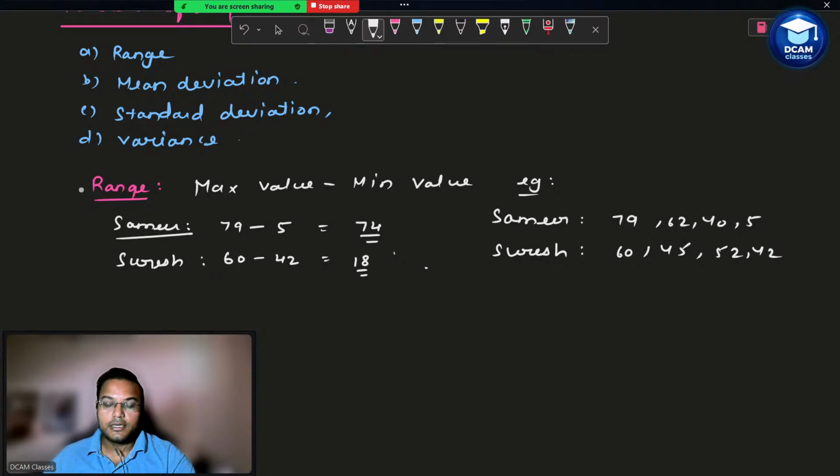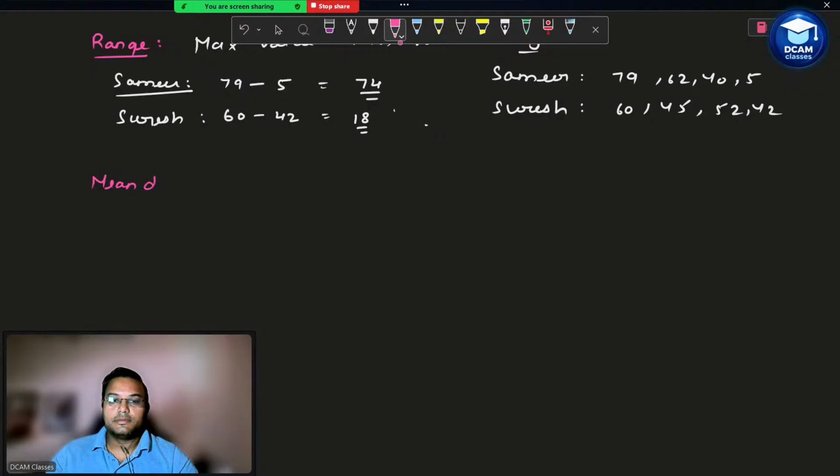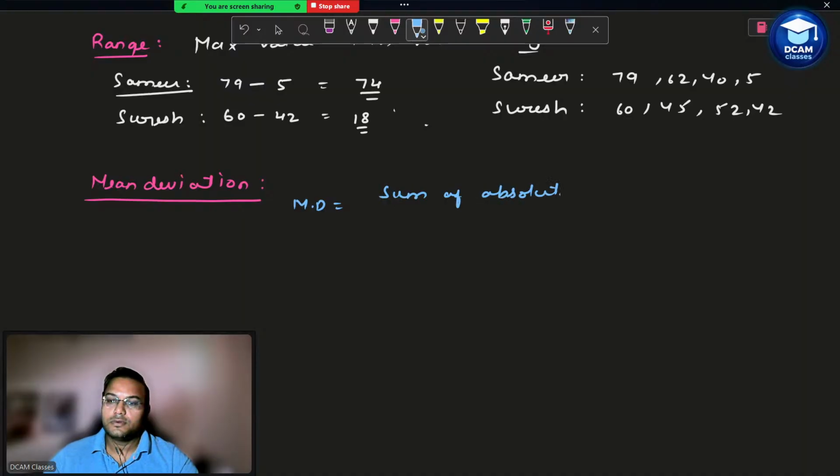Simple thing. Now coming to the mean deviation, this is a simple thing. Actually, not many questions are asked on this. The basic formula to find the mean deviation is the sum of the absolute value of deviation from a number, divided by the number of observations.